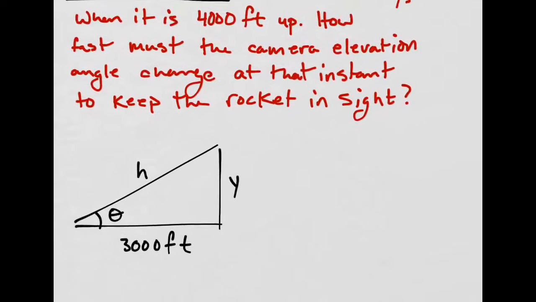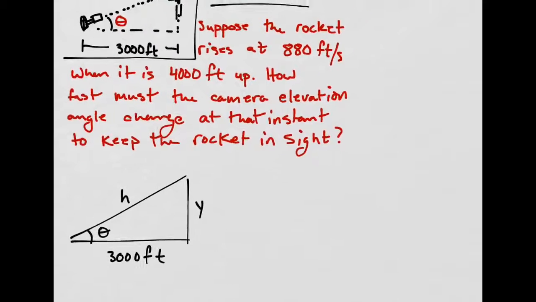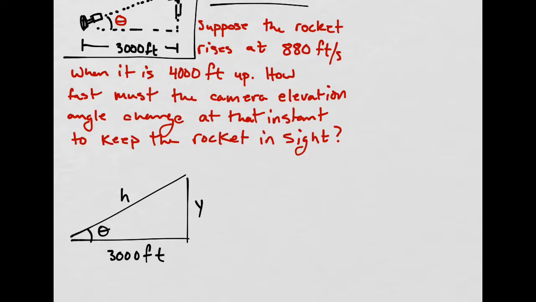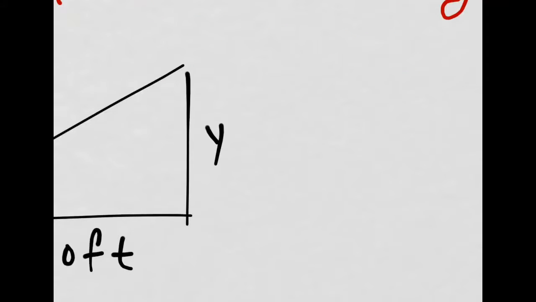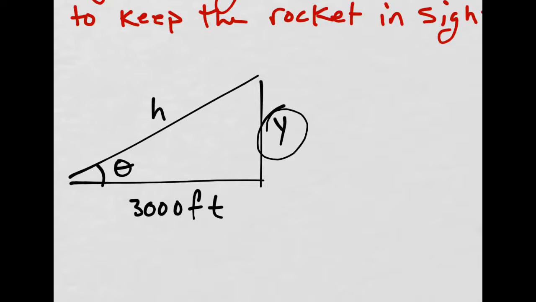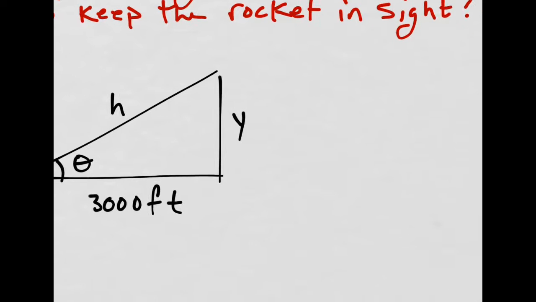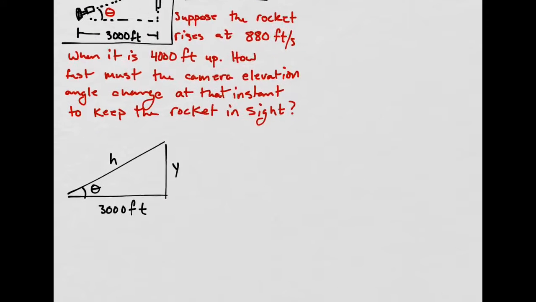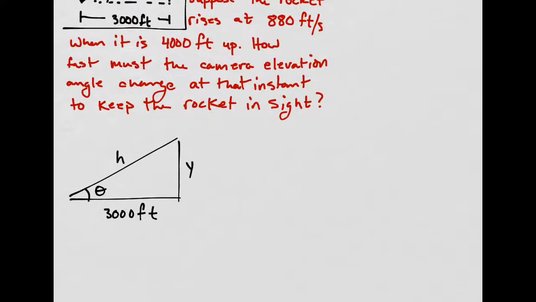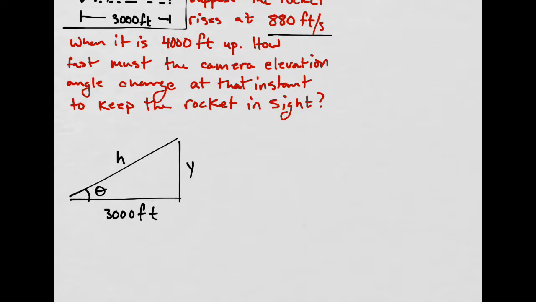Okay, so now let's pick apart our problem. Suppose that the rocket rises at 880 feet per second. Well, the rocket's distance from the ground is denoted with y, so from here to here, that's just the distance the rocket is from the ground. So this 880 feet per second is how fast the rocket is going, which is how fast this side is changing.